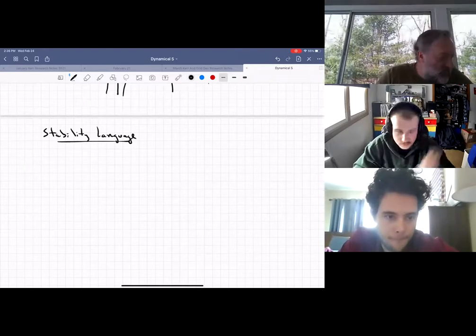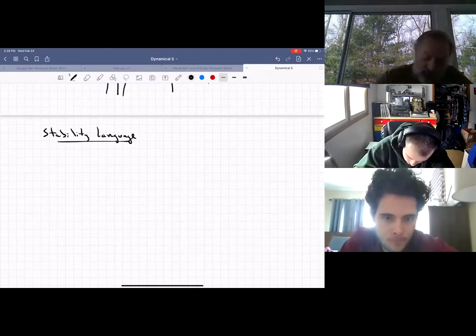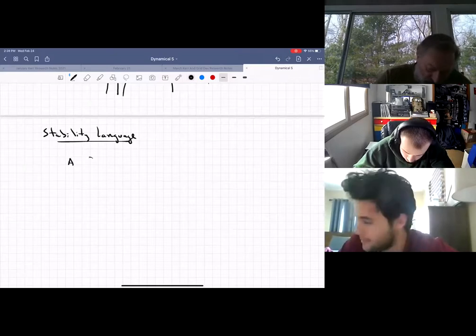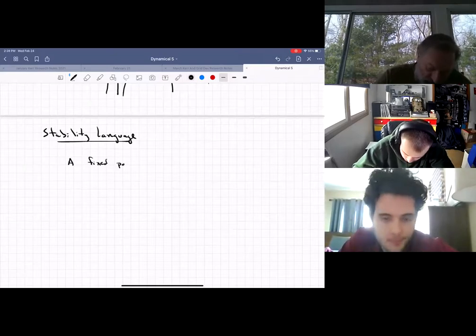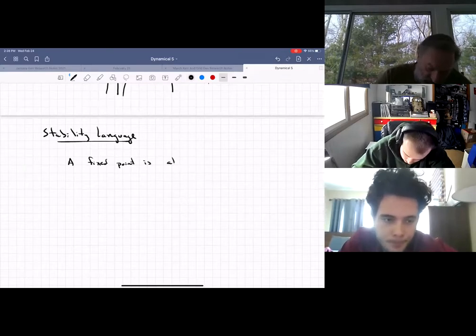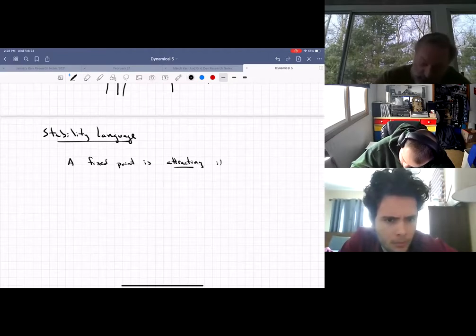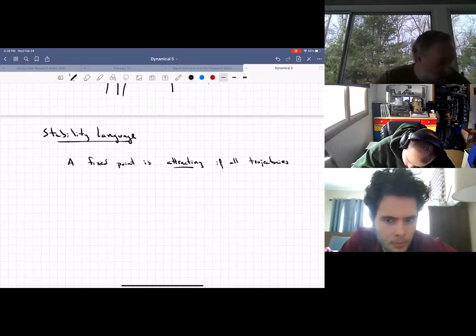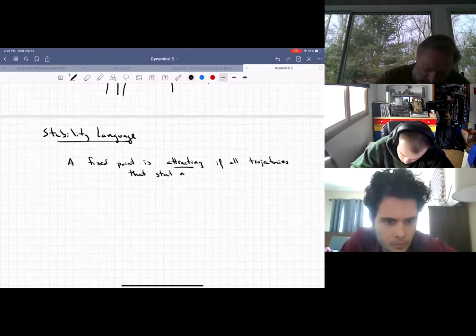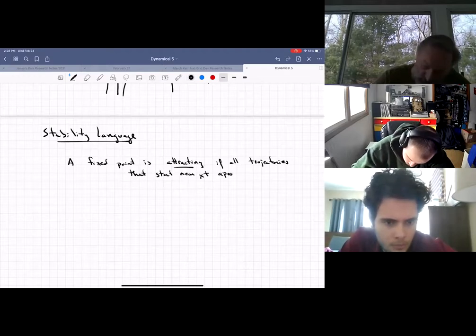There are some words that we need to define. Okay, so a fixed point is attracting if all the trajectories that start near X star approach X star as t goes to infinity, right?